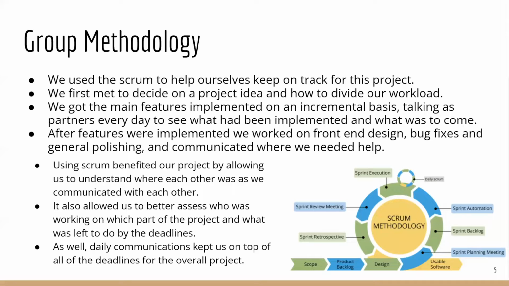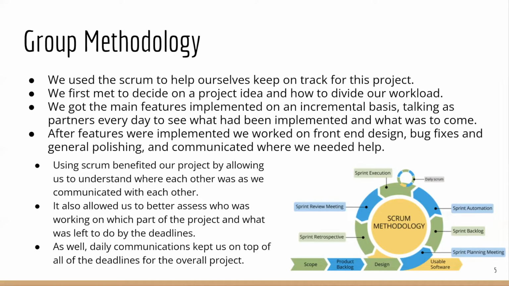Group methodology. We used Scrum to help ourselves keep track of this project. We first met to decide on a project idea and how to divide our workload. We got the main features implemented on an incremental basis, talking as partners every day to see what had been implemented and what was to come.